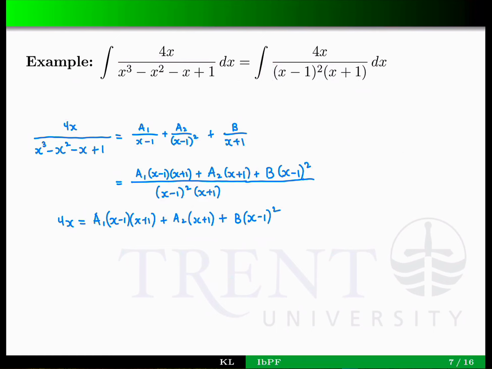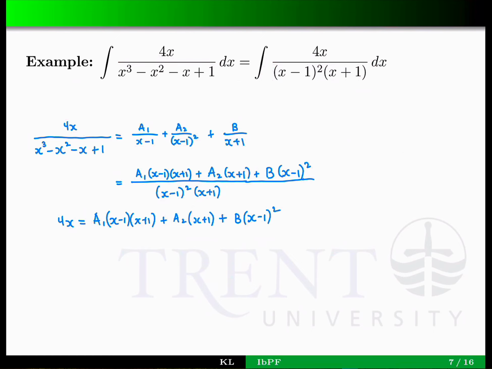And just like what we did in the previous case, you choose the best numbers, in a sense that you will easily find the values of a1, a2, and b after a simple substitution. I mean, a simple replacement of your x.